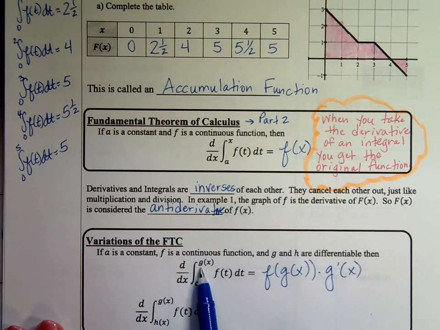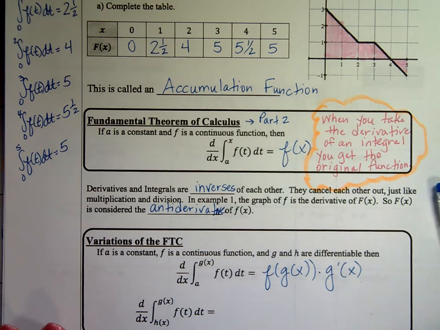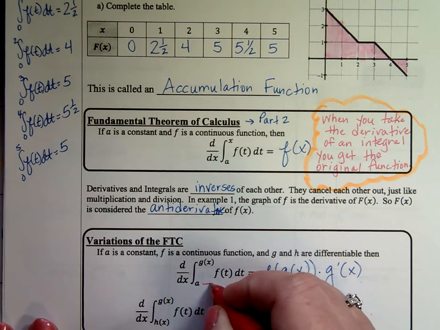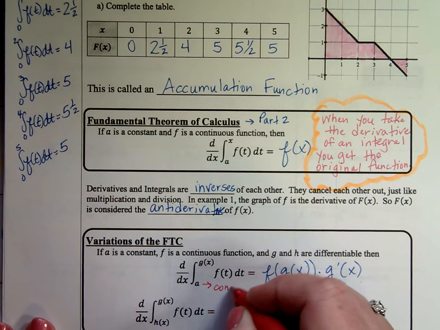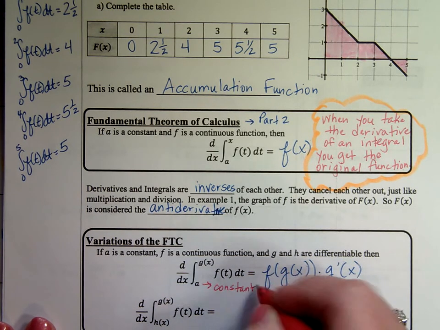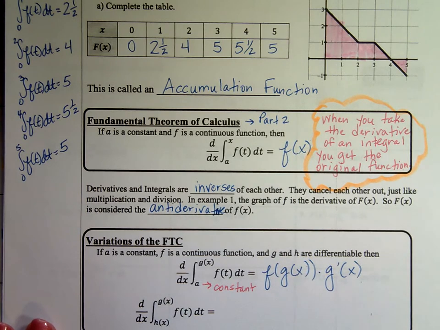Because you have to put this bound in for your function, and then take the derivative of that bound. Now that happens, you want to use that, and we're going to see that when a is a constant. This is the rule we're going to use. If the bottom has a number as its representative, we're going to do this to it.